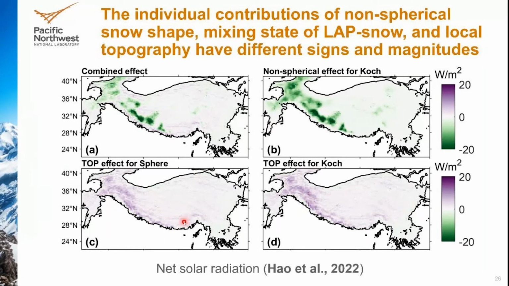We can see the topography effect is generally positive, increasing net solar radiation, but the non-spherical effects are generally negative, decreasing net solar radiation. Panel A shows their combined effects. Some places are positive, some are negative. So the spherical versus non-spherical shape effects, mixing state effects, and local topographic effects can cancel each other.